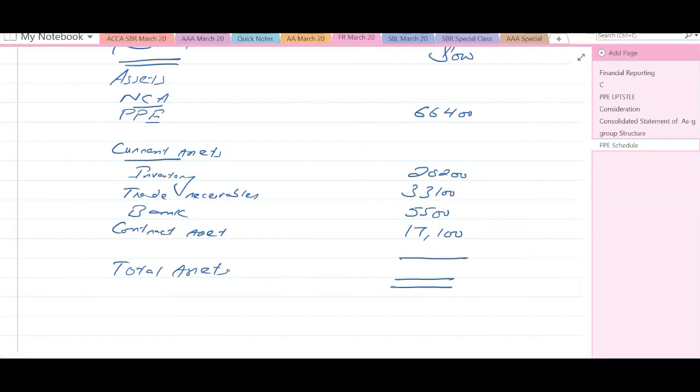It's a good thing in Excel that there's no need to use a calculator. So 28,200 plus 33,100 plus 5,500 plus 17,100 plus 66,400 is 150,300.